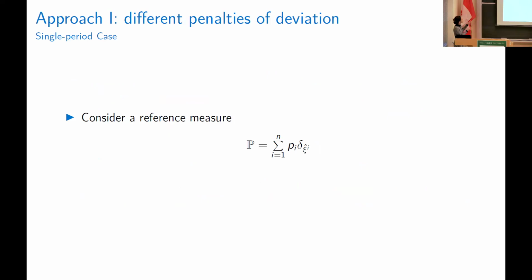To see that, let's focus on the single period for now. For our reference measure chosen to be the empirical one, it can be written with p_i, which is the likelihood assigned to each of the realizations xi hat i that I have observed before in my data.